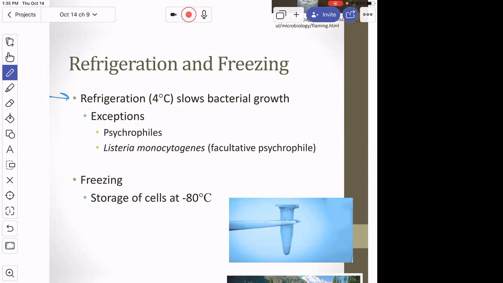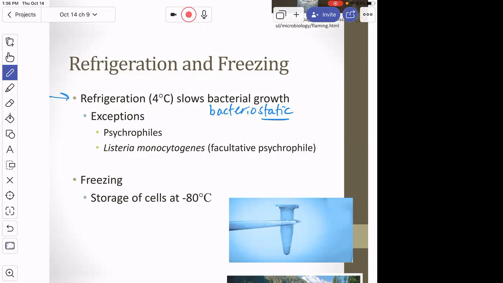Refrigeration, again, slowing bacterial growth. So we might say it's bacteriostatic. Okay, static means it's slowing growth. So we do this all the time in lab. When you grow up your cultures, we incubate them overnight, and then we put them in the refrigerator till you all come back to lab again. Otherwise, your cultures would overgrow. So we slow them down, make sure they don't grow anymore.